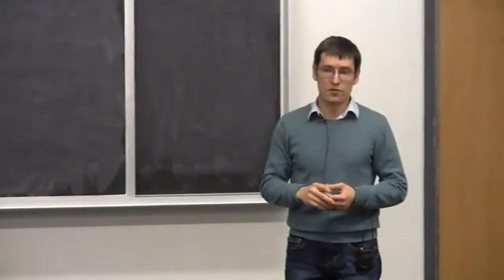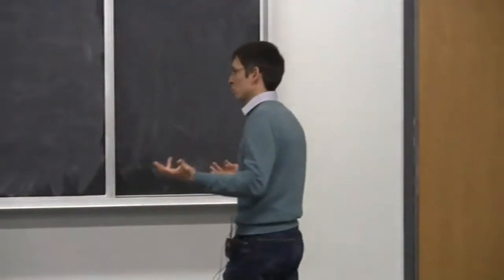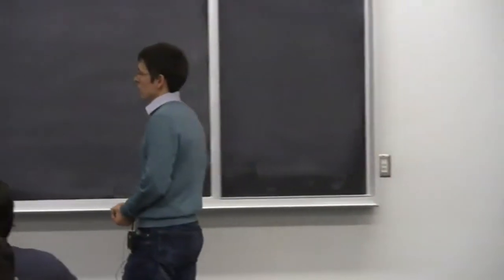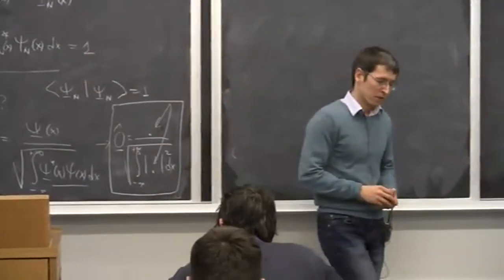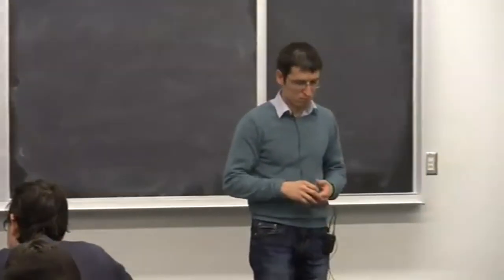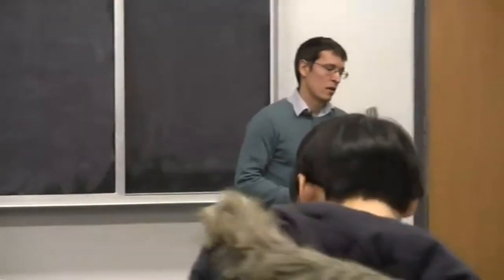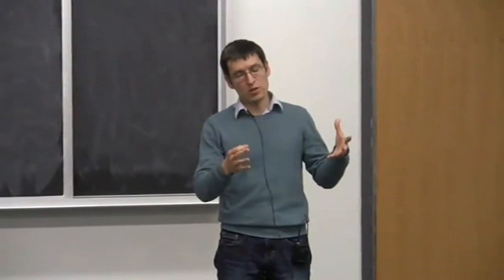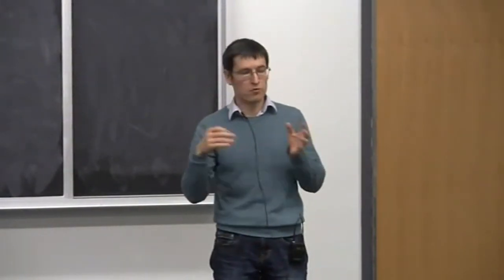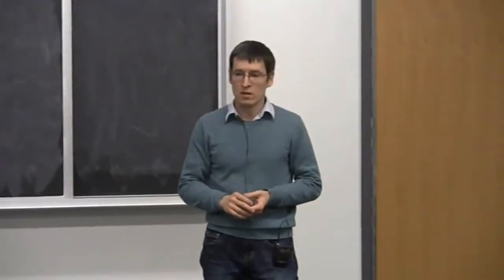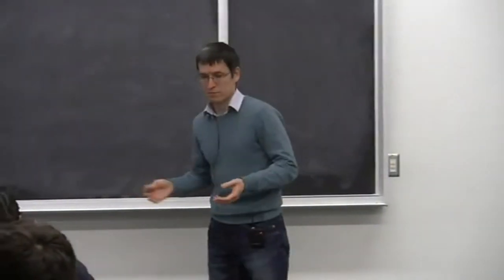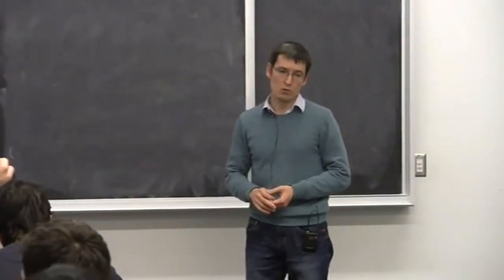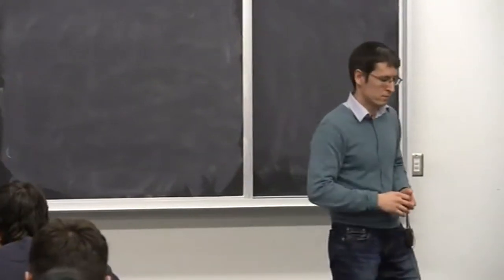So the difficulty of quantum mechanics is that we need to work with functions. And naturally, in order to get any prediction, we need to have a procedure. How do we get numbers out of functions? Because numbers eventually are the results of any experiments. So we need to know how to go from functions to numbers.